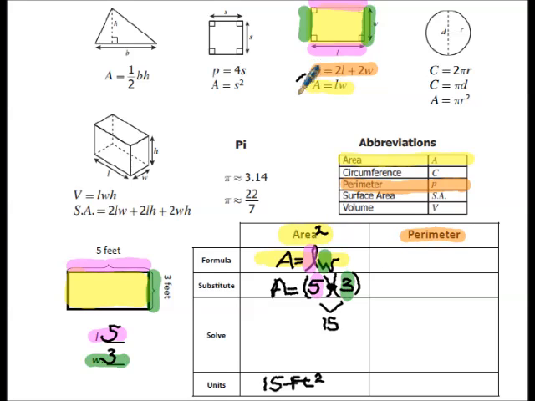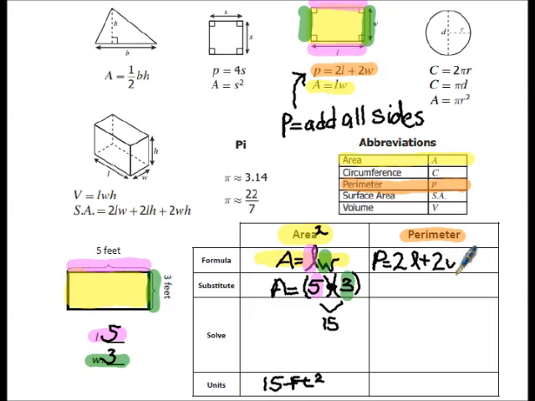So the perimeter equals 2L plus 2W. However, you can always use that the perimeter of any polygon means to add all sides. So if you would like to just add all 4 sides, you can use that alternate formula that won't be on your formula sheet, so you need to remember it. I'm going to write the perimeter formula and show you how to use it.